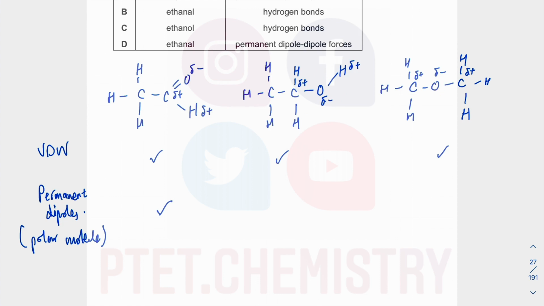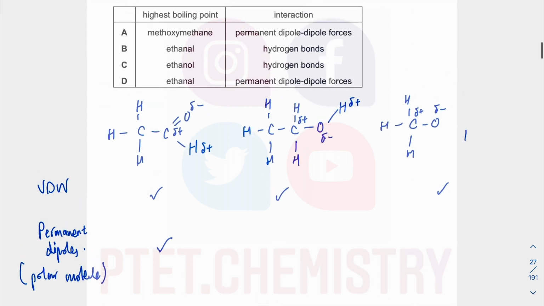I've shown it this way around, but in actuality, you know that the geometry is bent because it's an oxygen with 2 bond pairs and 2 lone pairs. So you know your geometry is actually bent at 104 or 104.5 degrees. So really, just like water, there are dipoles, and the dipoles do not get cancelled out. So all of these are polar.